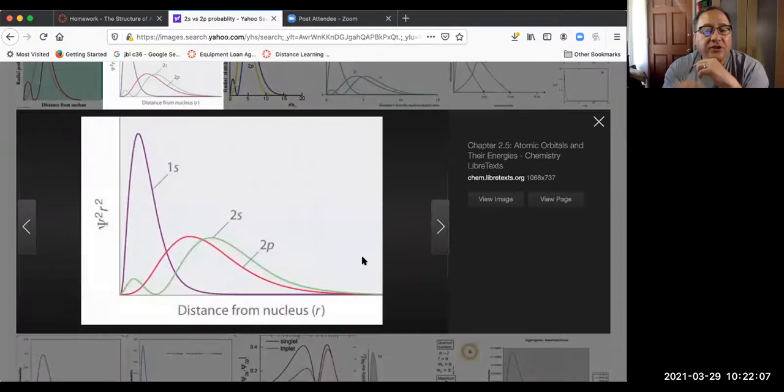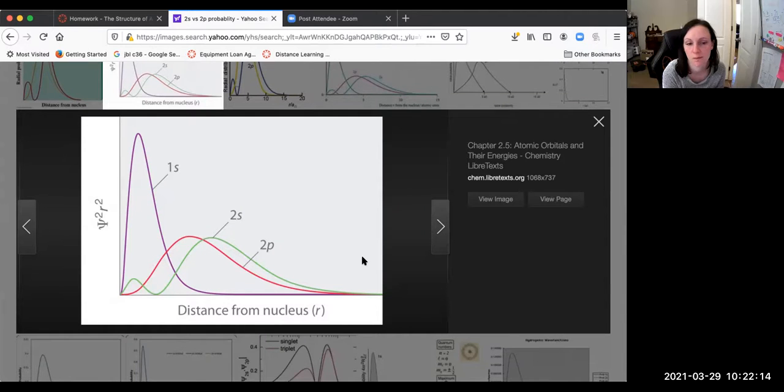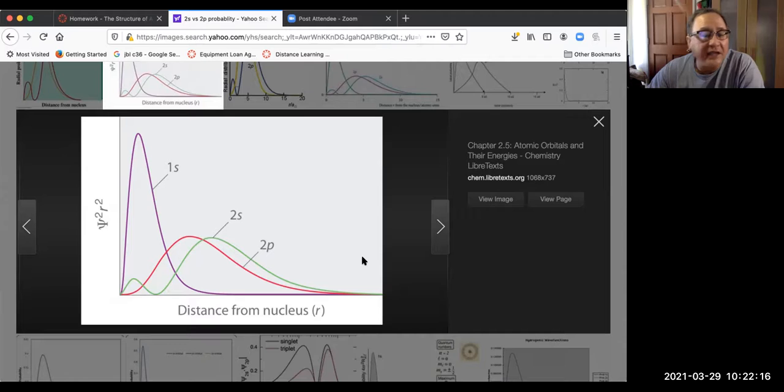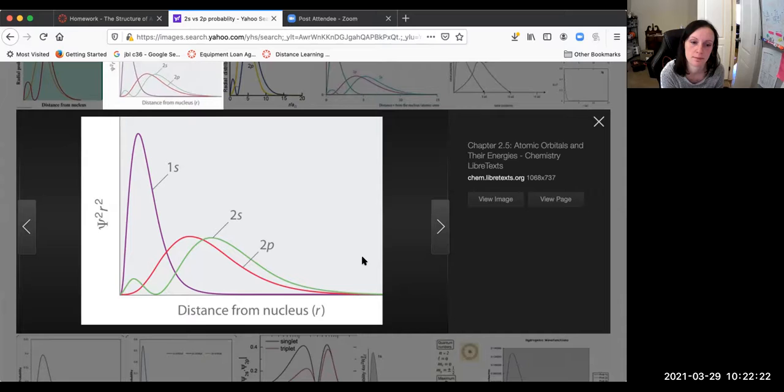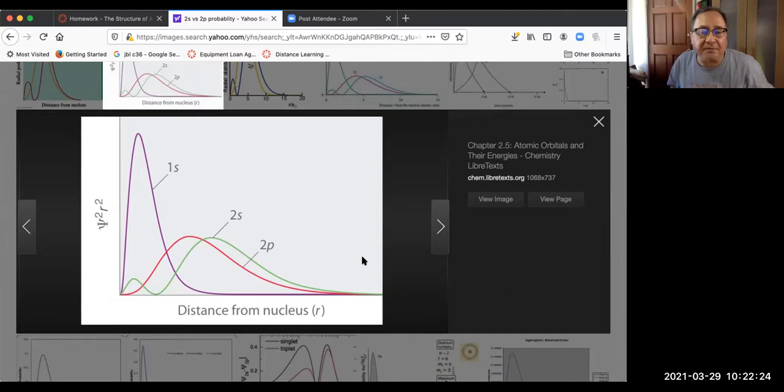Okay, so can you take a look at the 2s versus the 2p? Can you see that the 2s has that little hump near the origin, but the 2p does not? So that means that the 2s penetrates better. So that means it's going to see a +3 better than a 2p, okay?